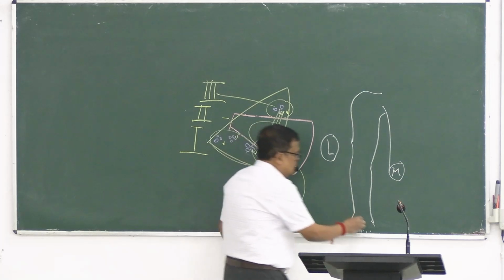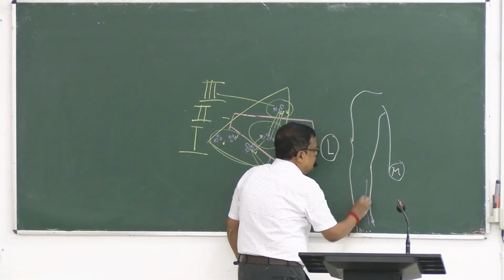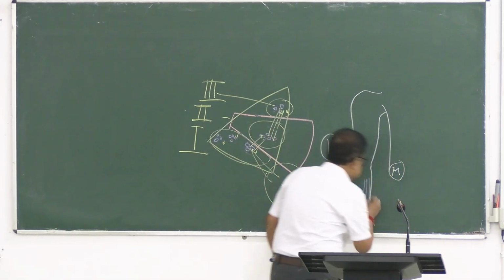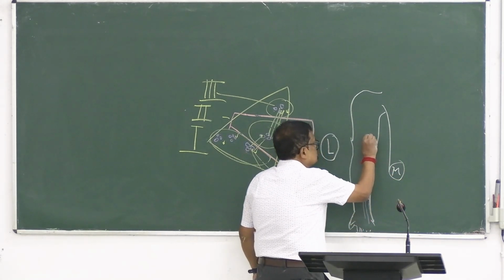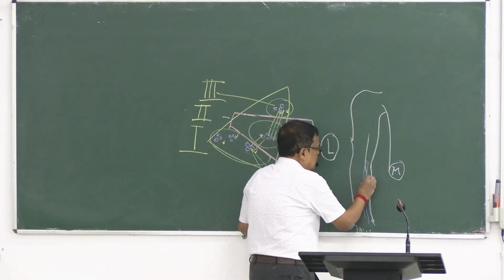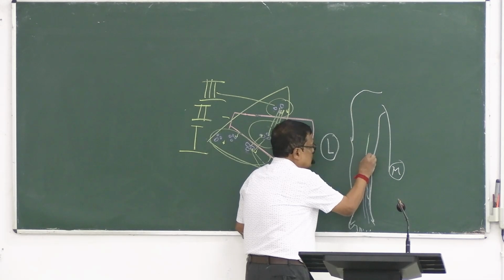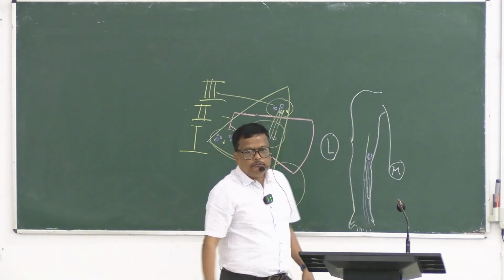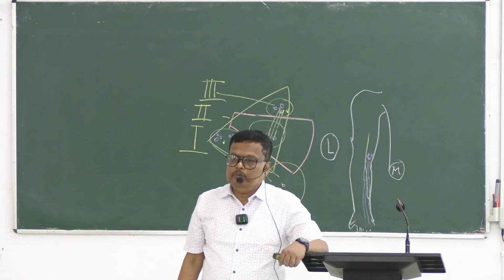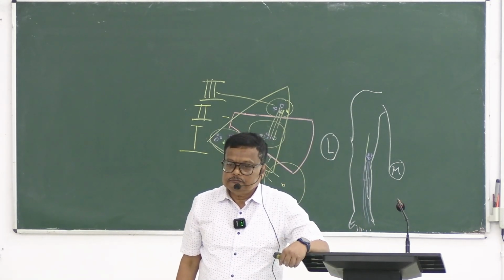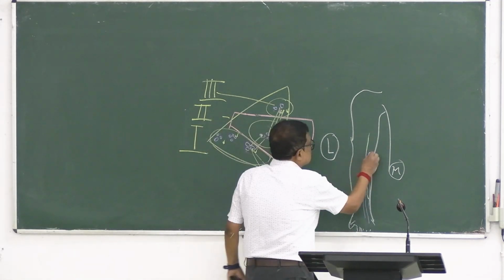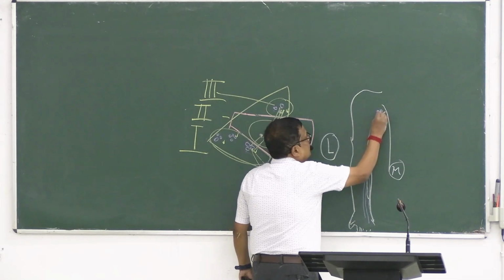So, the lymphatics along the medial side of the arm, which accompany the basilic vein, first drain into lymph nodes just above the medial epicondyle. We call them epitrochlear or supratrochlear lymph nodes. Then, from these epitrochlear lymph nodes, they drain into the lateral group of lymph nodes.